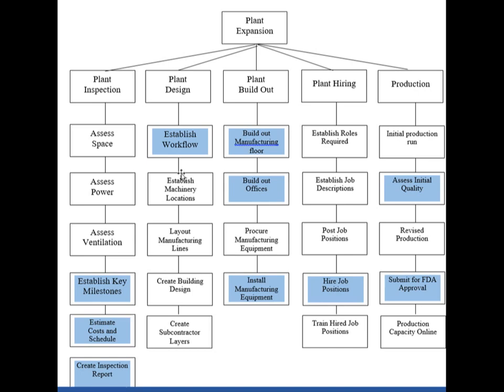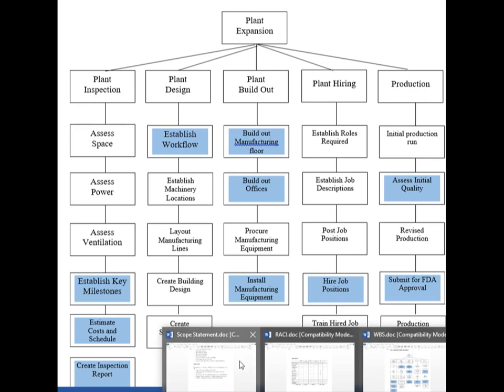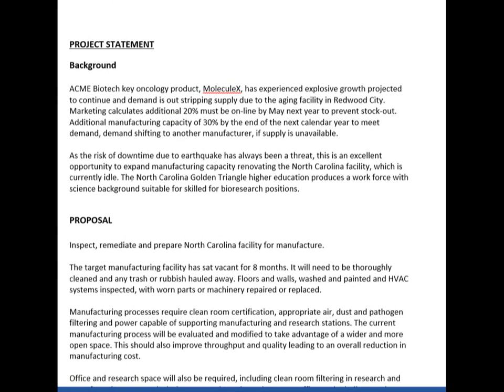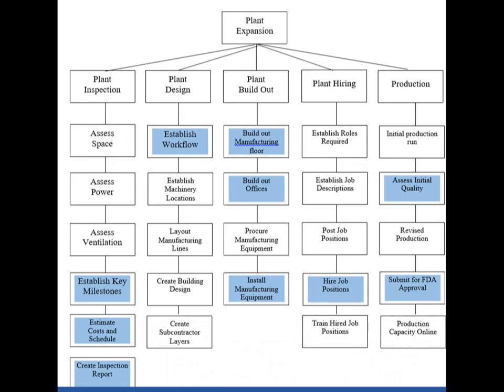I've identified in blue my 10 deliverables, and I've created additional activities or work packages that are required before I can actually deliver or create these deliverables. So in your assignment, you have 2 deliverables. You have the initial product definition here, or what I'm calling the scope statement, and the work breakdown structure.